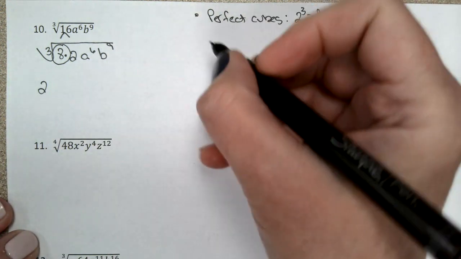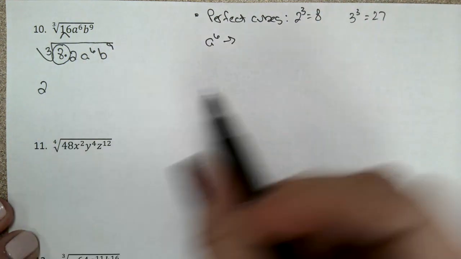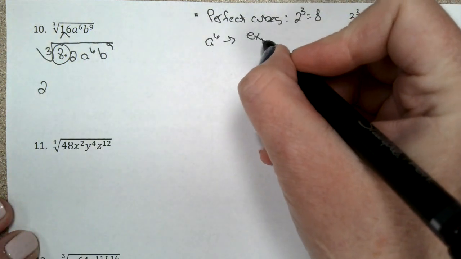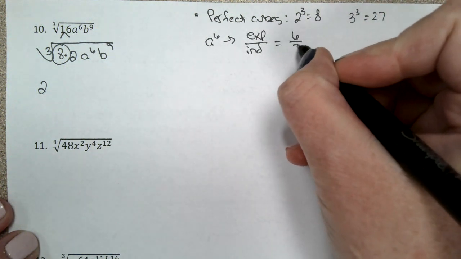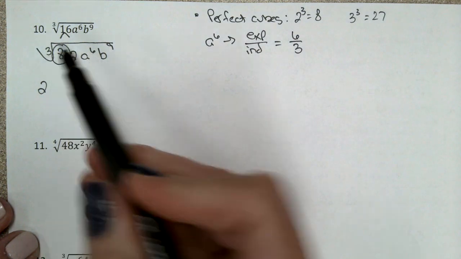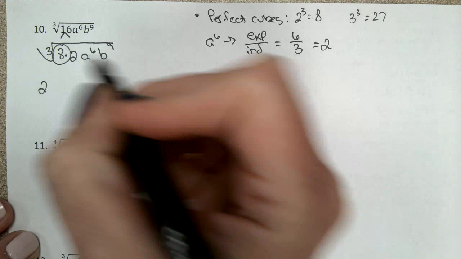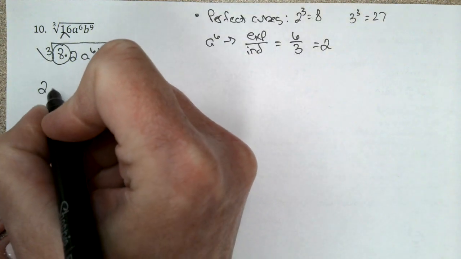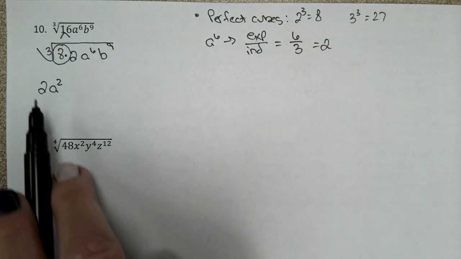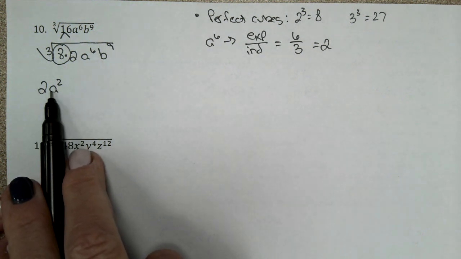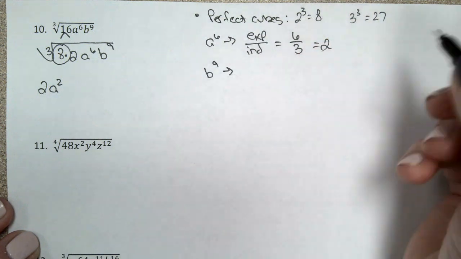Now, when it comes to my variables, so a to the 6, remember that we take the exponent divided by the index. So that means that I have 6 divided by 3, which equals 2, with none left over. So I have 2 a's that I can pull out of the radical. And then I have b to the 9th.